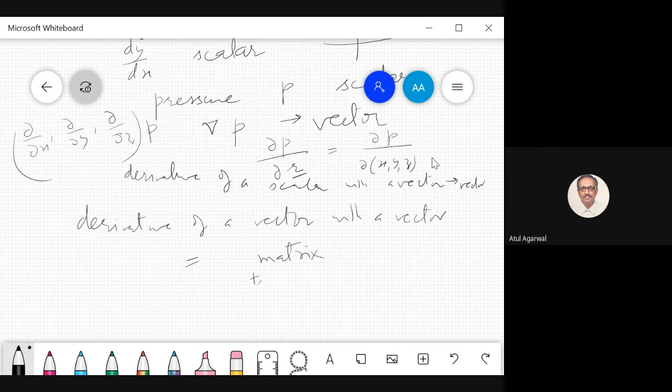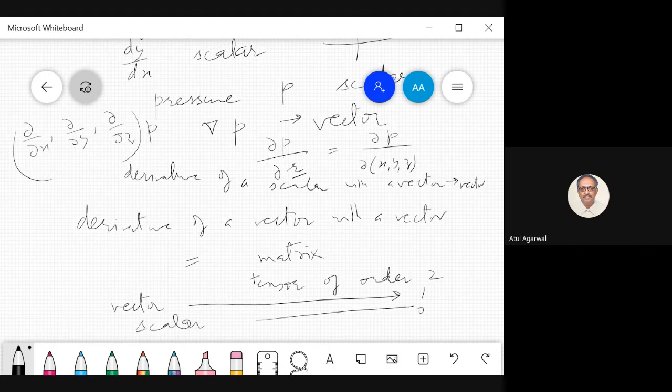So what I got was a tensor of order 2. Vector is a tensor of order 1. Scalar is a tensor of order 0.